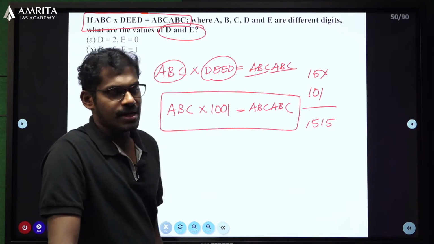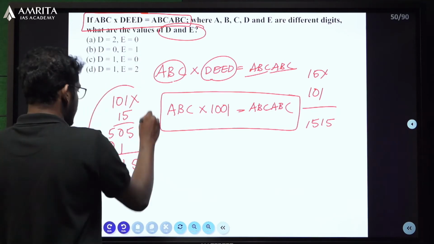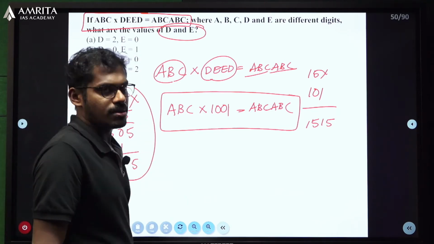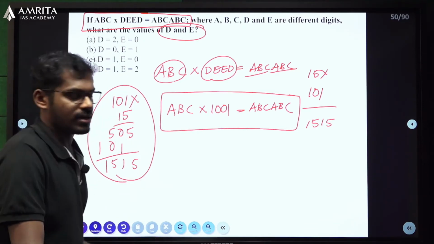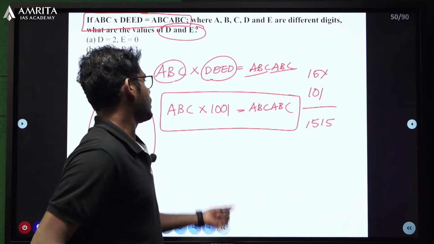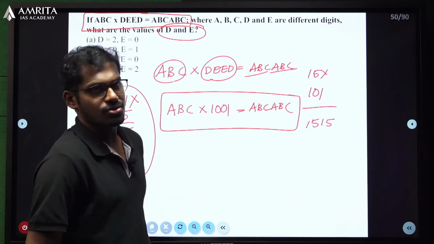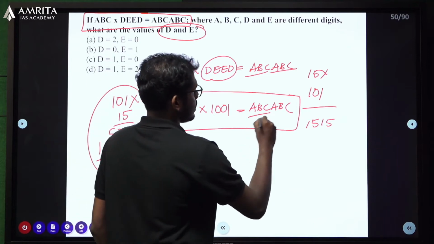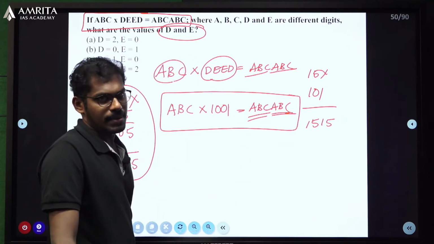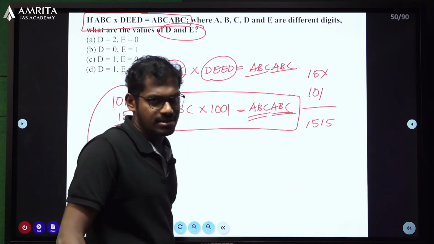Fifteen, clear? So, when a number is multiplied with 101, the number is repeated, 1515. Similarly, if a 3-digit number is multiplied with 1001, then the digits will be ABCABC, if the three-digit number is ABC.